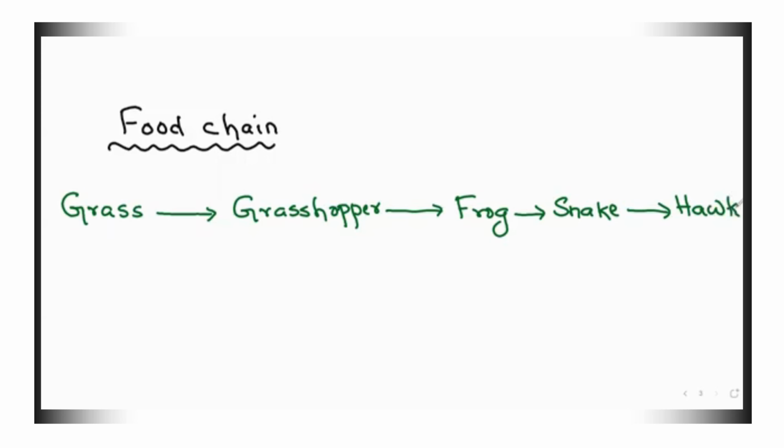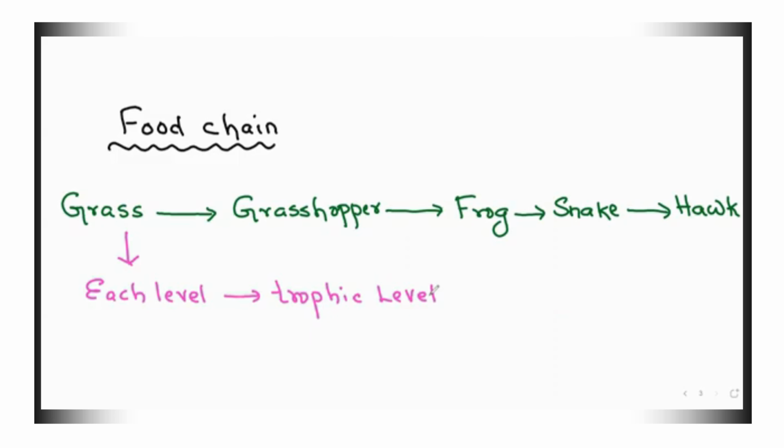It's a sequence of who eats whom, and this is what we call the food chain. Each level in the food chain we call a trophic level. We will study food chain and food web in detail in the next class.